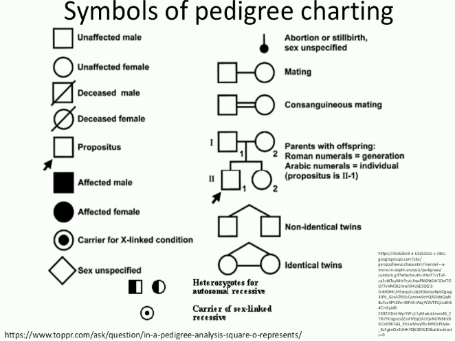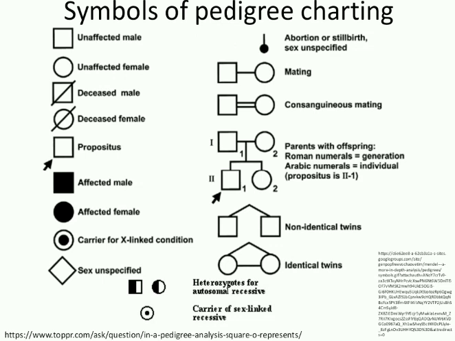On the left side from the top, the fifth symbol is the propositus. You can note that there is an arrow from the left bottom. If there is an arrow from the left bottom on a male, it is the propositus. The propositus is the affected male person who brings the attention of the family to the clinician.